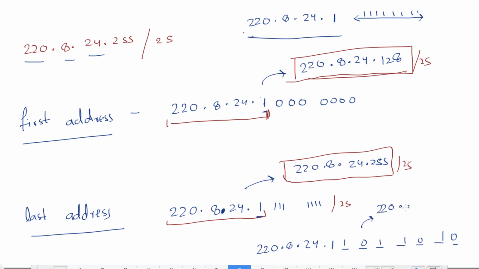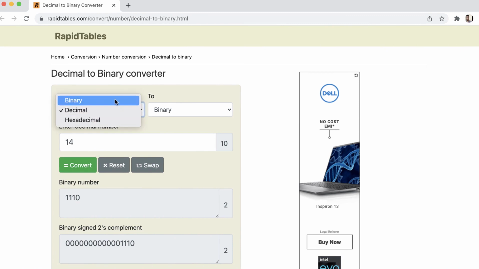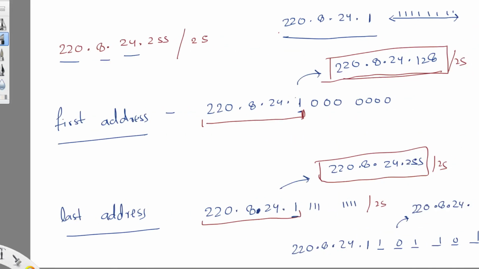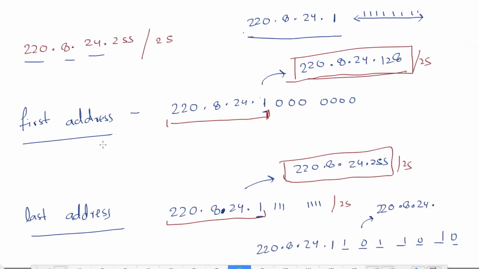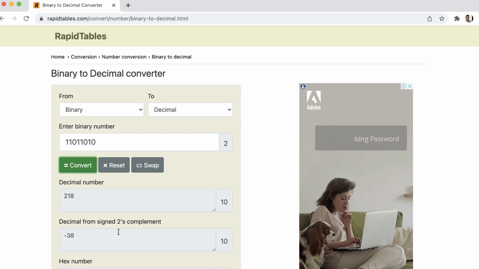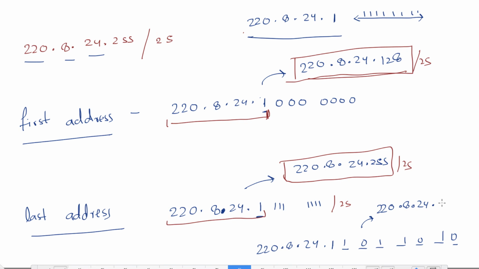If you convert, it will be 220.8.24.218, and then you say /25.